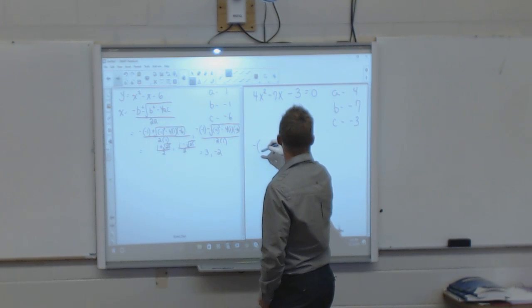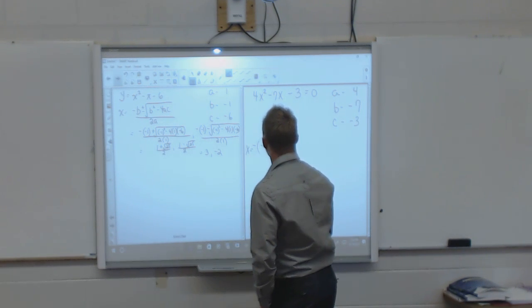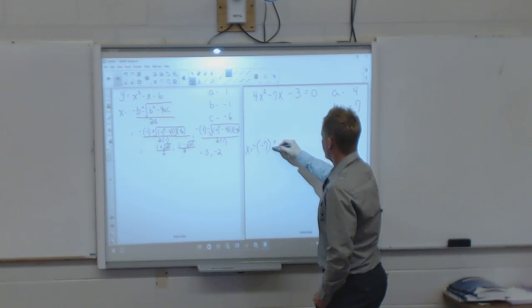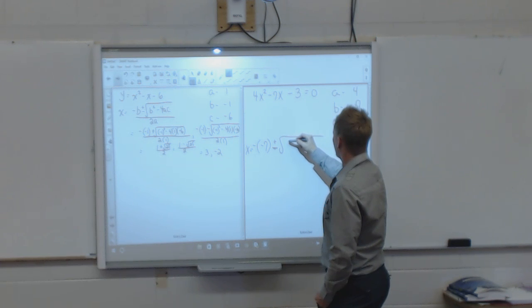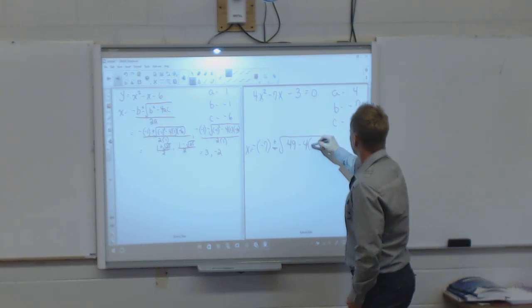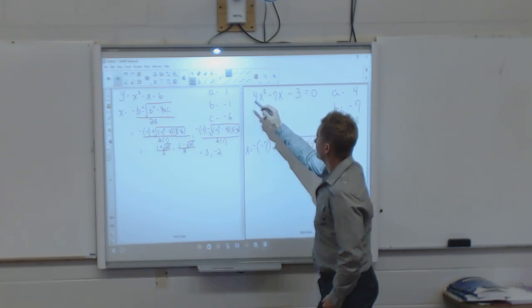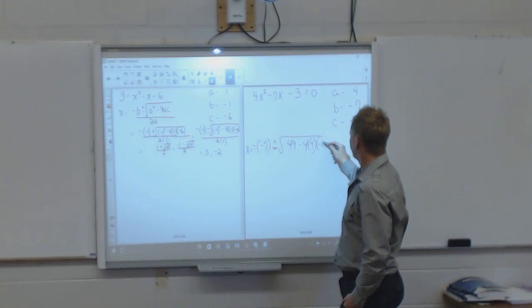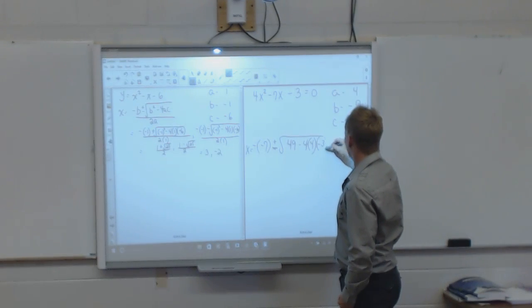So x is equal to minus negative 7, plus or minus the square root of b squared, which is 49, minus 4 times my A times my C, minus 3.